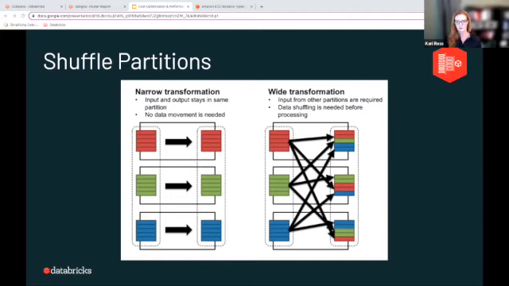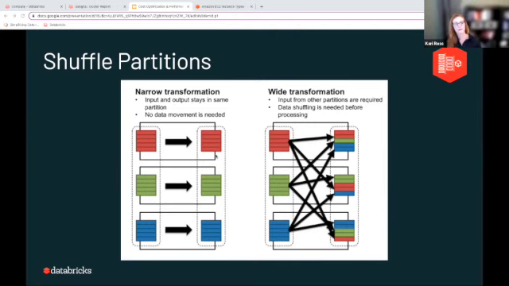So the number of shuffle partitions, and when you have an uneven, so when you have data movement, you want to think of what types of shuffles you're going to do. The types of joins versus a broadcast join, where all the data has to be, in this one we have a narrow transformation, the input outputs on the same partition.